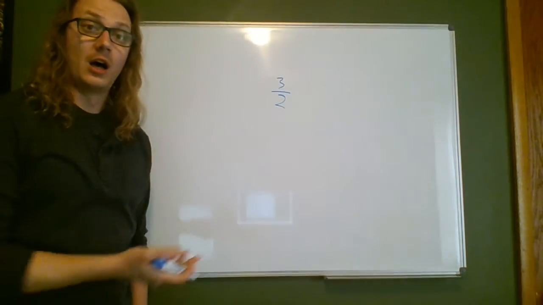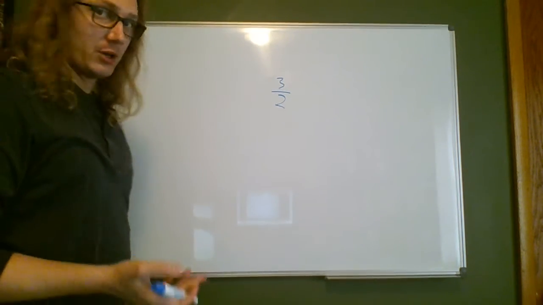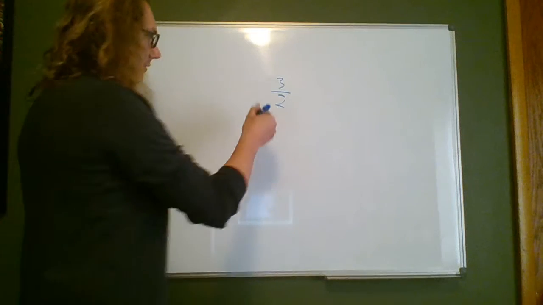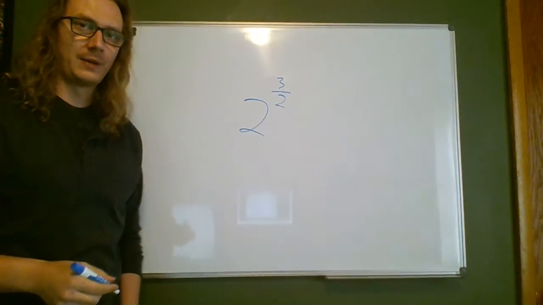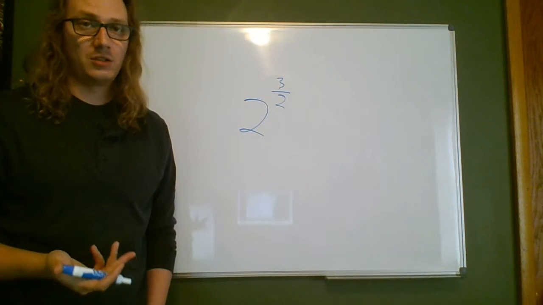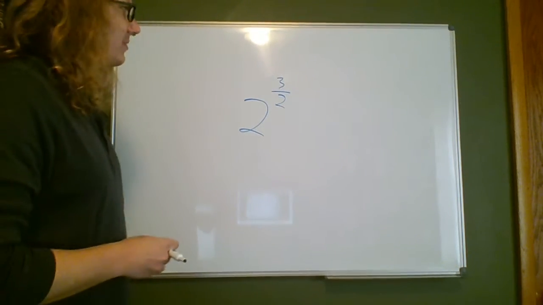Look, a fraction. And exponent means that it's up in the right-hand corner of the number, like 2 to the 3/2 power instead of 2 to the 3rd power or 2 to the 4th power.